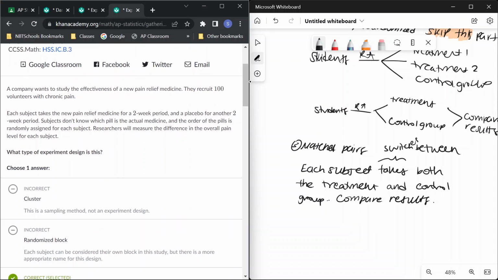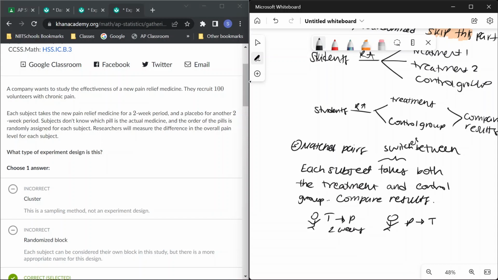It could have been one subject and then another subject, both with chronic pain, but one starts off with the treatment and the other starts off with the placebo, and then they switch after 2 weeks, so that they don't know which they're taking, so that it wouldn't have a placebo effect.